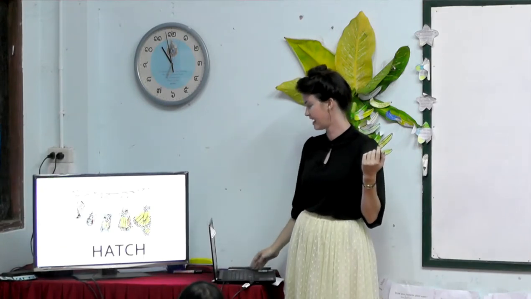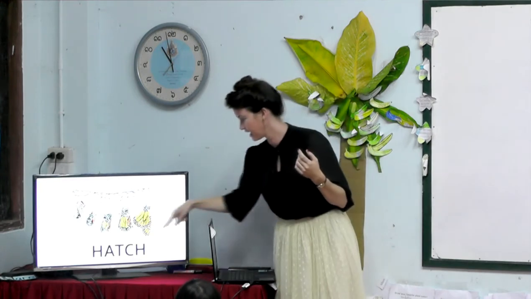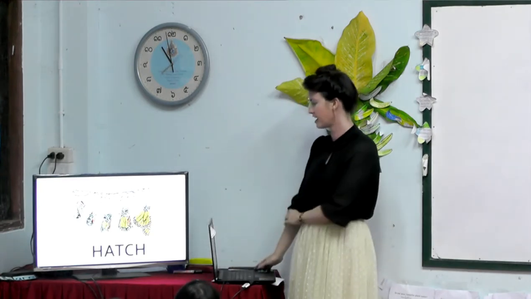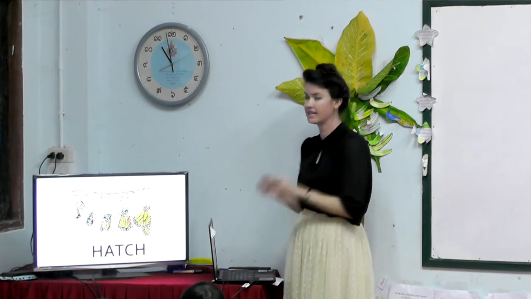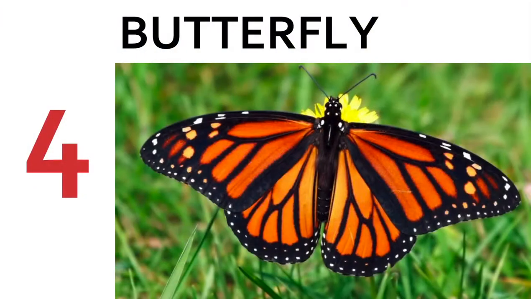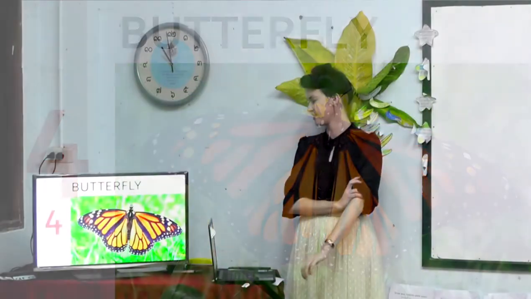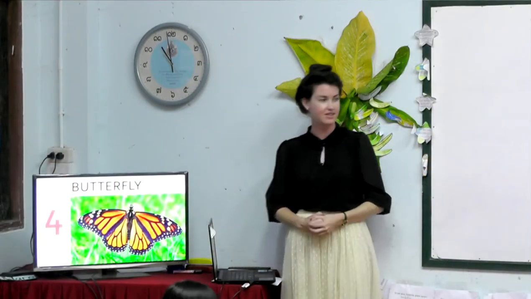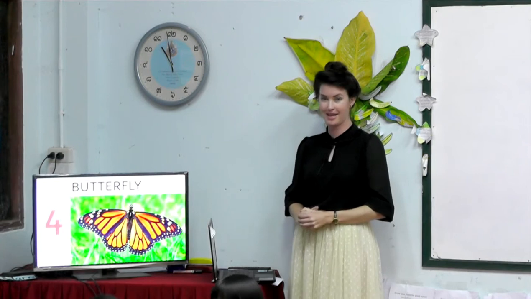Yeah, so he's going to hatch out. Do you see that butterfly climbing out? He's going to hatch open. And then a butterfly. Is that butterfly pretty? What color is that butterfly? Orange.